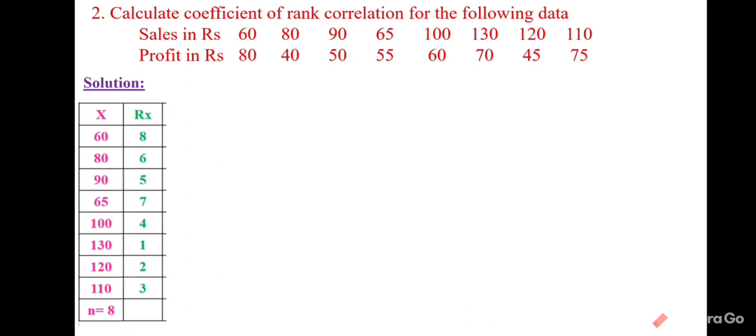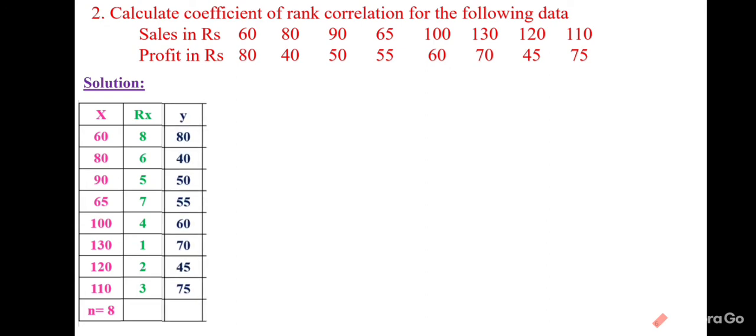Then we can find the rank. Highest value is 1, then next highest is 2. Here 130 is 1, 120 is 2, 110 is 3, 100 is 4, 90 is 5, 80 is 6, 65 is 7, 60 is 8. According to decreasing order, we are giving ranks 1, 2, 3.